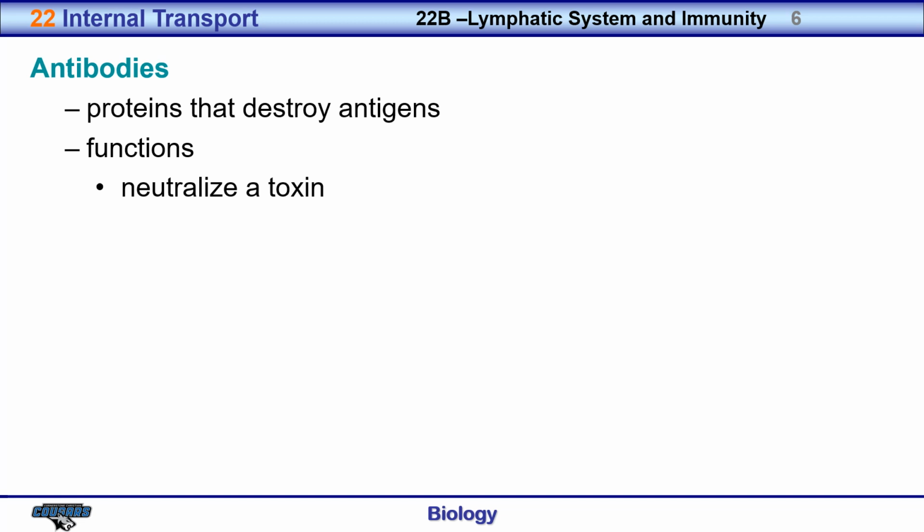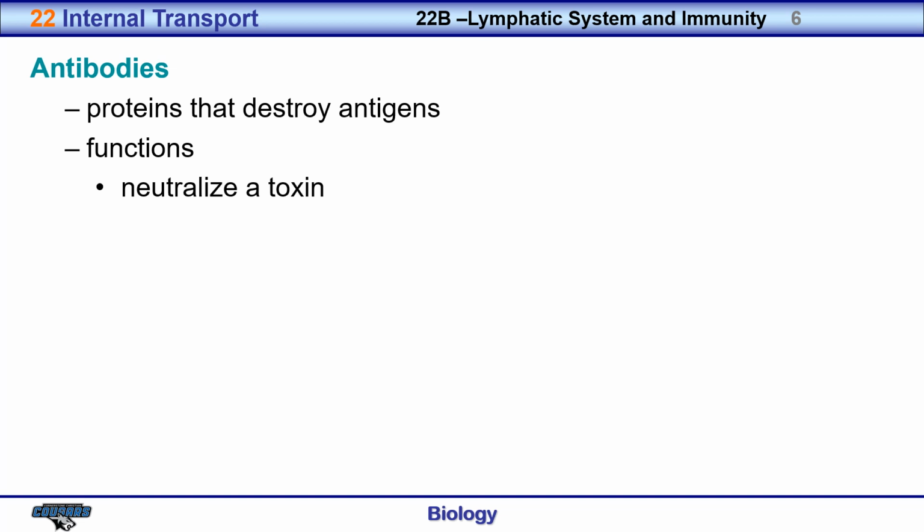And the plasma cells are the ones that are responsible for producing the antibodies. We'll have some diagrams here where you can see how that all fits together a little bit better. So antibodies are capable of fighting antigens in several ways, and one of the ways is through what we call neutralization.